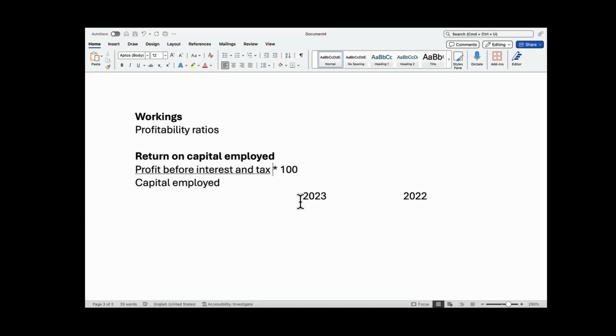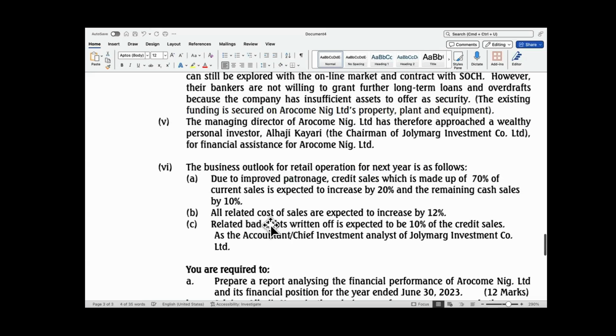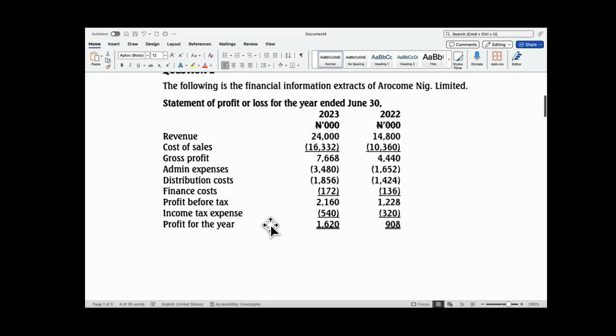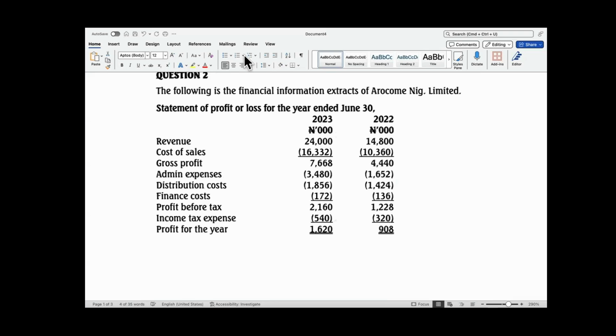In 2023, what is our PBIT in 2023? We'll go to our P&L. This is our P&L. In 2023, what should be our PBIT?